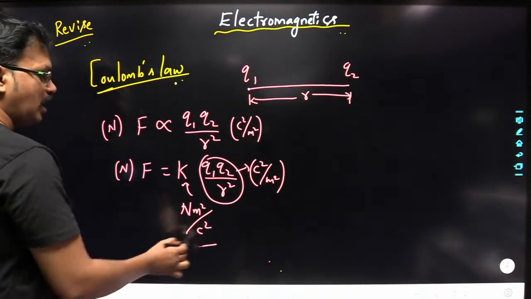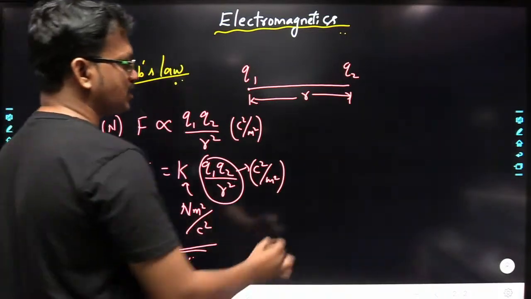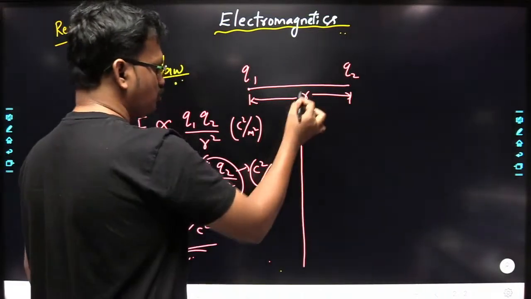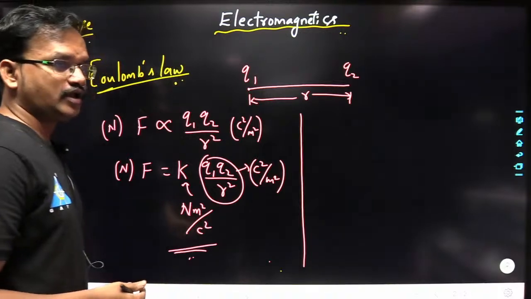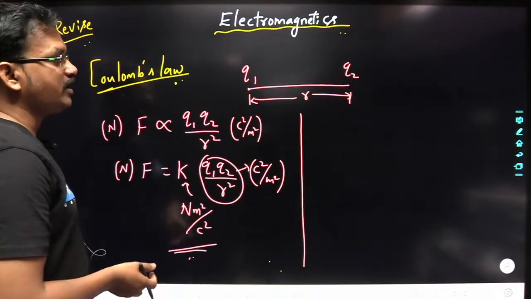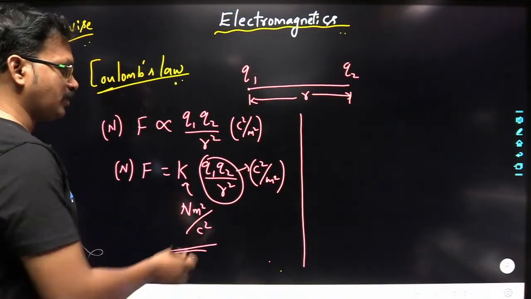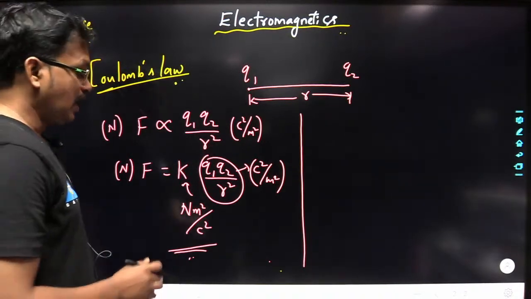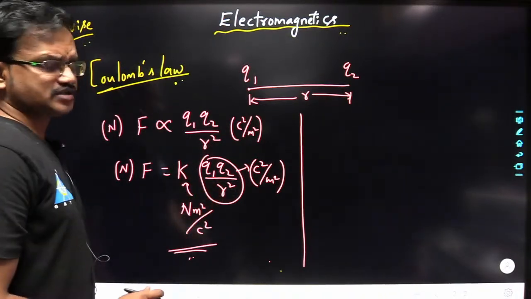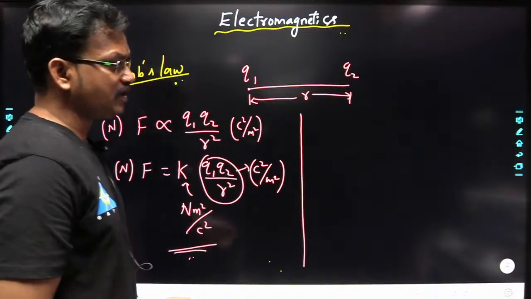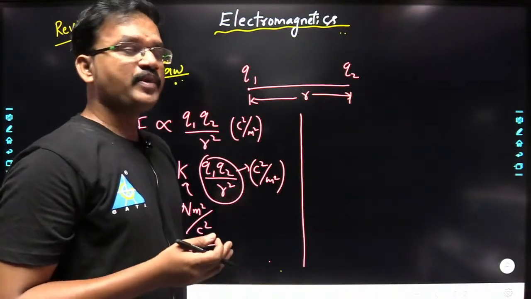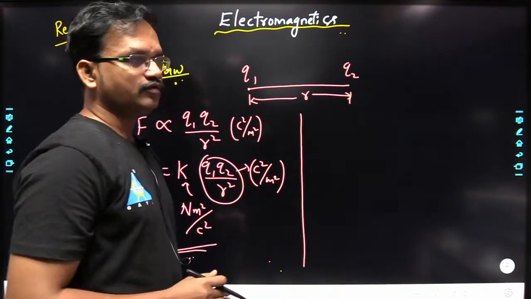Right? Okay. And also we have seen that the force between any 2 point charges does not depend only on the product of the charges and the square of the distance between them. It also depends on the medium in which you are calculating the force.